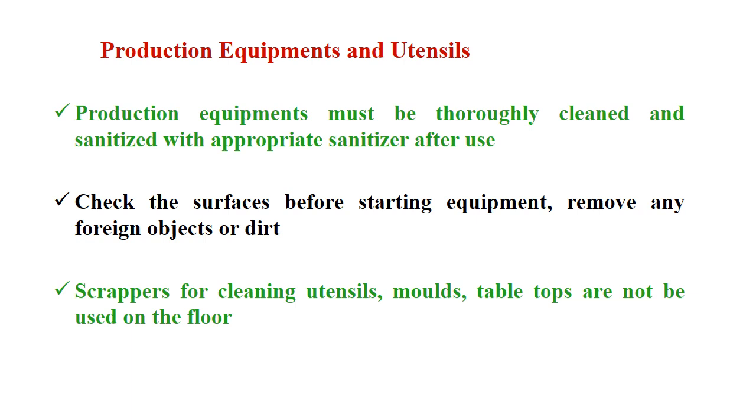Remove any foreign objects or dirt. Whenever we are going to use any surface or machinery, we must check its cleanliness and for anything adhering. Scrapers for cleaning utensils, molds and tabletops are not to be used on the floor. The same scrapers used for cleaning utensils or tabletops should not be used for cleaning the floor.